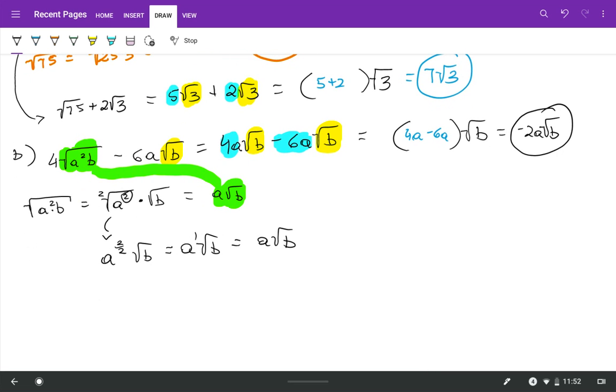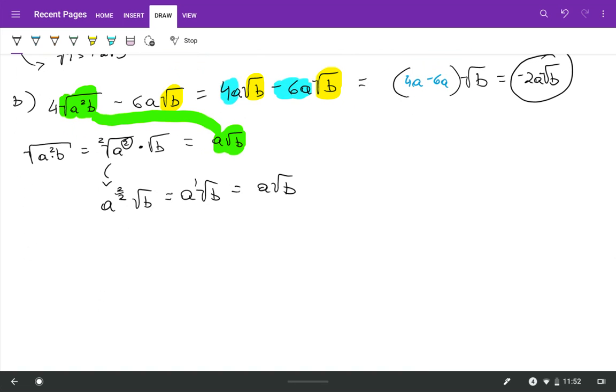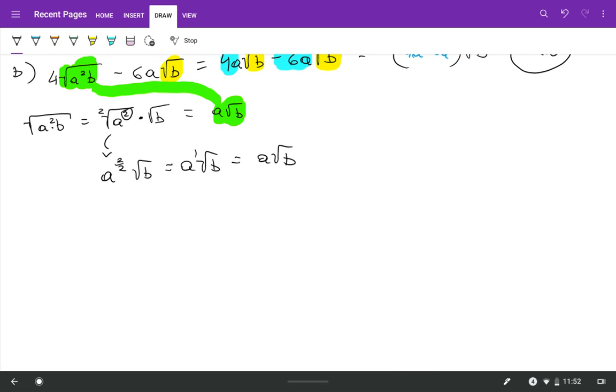And the last problem, last part C of this example, we have negative 3 square root of 2y cubed plus 5y square root of 18y minus 2 square root of 50y cubed.